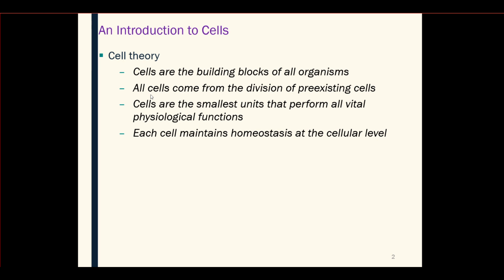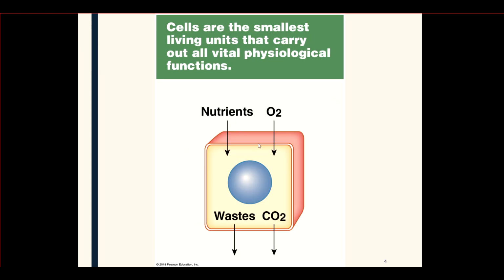Now, cells are the smallest units that perform all vital physiological functions. So they sustain themselves; they are able to keep themselves alive. What do I mean by that? Cells are the smallest living units that carry out all vital functions, those necessary for life.